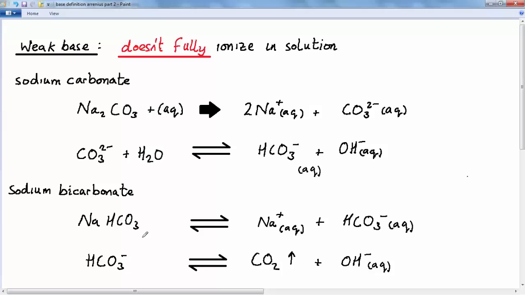So going back to our little experiment with the baking powder, what you will notice first of all is that baking powder doesn't completely dissolve. That's justifying this back and forward arrow here. And then if you look very carefully, you're going to see very tiny little bubbles being released in the solution. These are tiny little bubbles of carbon dioxide.